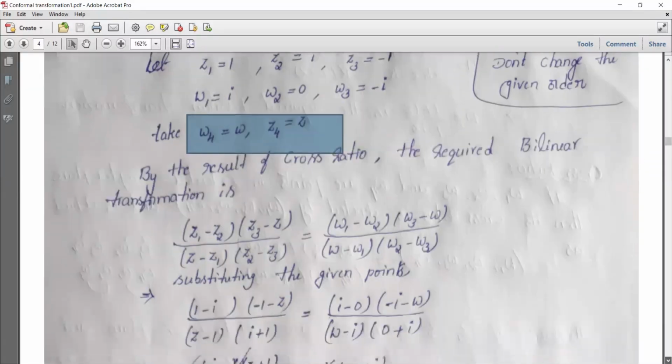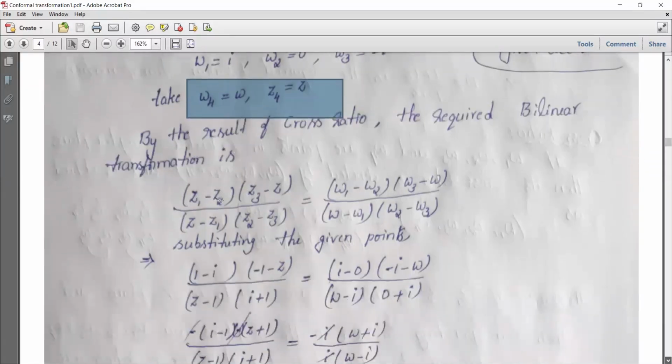Now, by the result of cross ratio, the required bilinear transformation can be obtained by this equality. That is (z1 minus z2)(z3 minus z) by (z minus z1)(z2 minus z3) is equal to (w1 minus w2)(w3 minus w) by (w minus w1)(w2 minus w3). Now just substitute the values of z1, z2, z3 and w1, w2, w3.